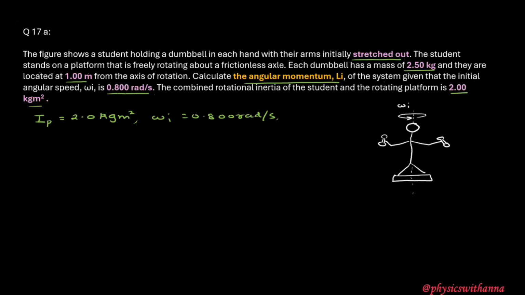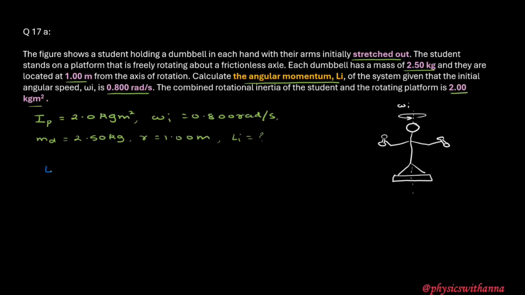The student is holding two dumbbells and each dumbbell has a mass Md, d for dumbbell, of 2.50 kilogram and they are located at a distance, which I will write as r, of 1 meter from the axis of rotation. We need to find the initial angular momentum Li of the system.